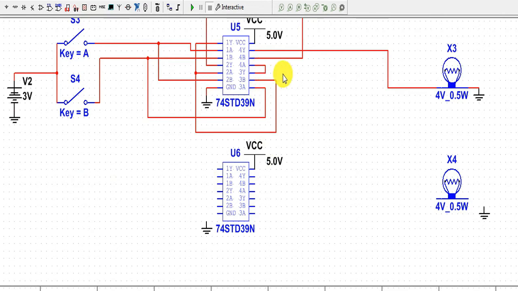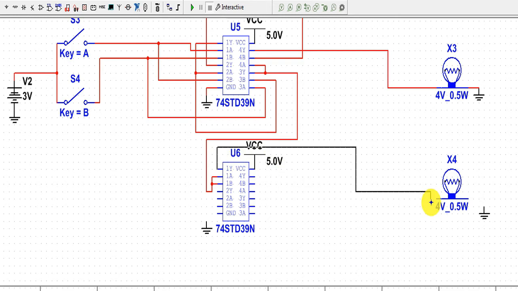We will take the output from here and connect it to one of the terminals of the NAND gate, and we will short both terminals of the NAND gate to make it a NOT gate. And we will take the output of this NAND gate and connect it to the borrow bit, meaning the LED which is representing our borrow bit, and the second terminal of the LED is connected to the ground.